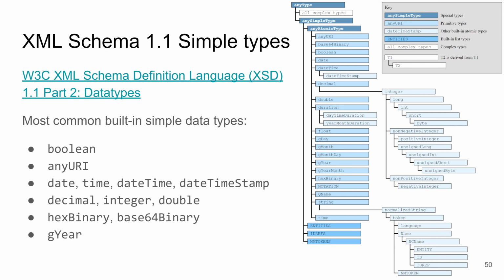The whole tree of those types you can see in the slide, and the most common ones are booleans, URIs, dates, times, dateTimes, dateTimeStamp, which always contains a time zone, and the dateTimeStamp is one of those types that was introduced in XML Schema 1.1.